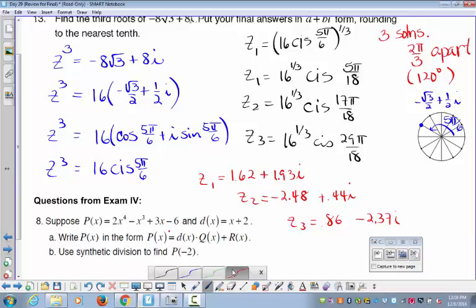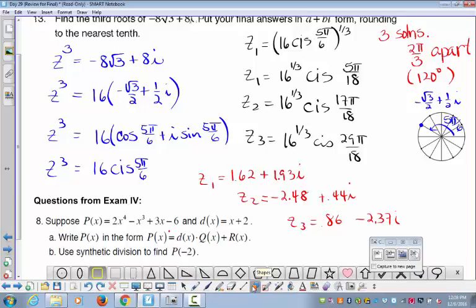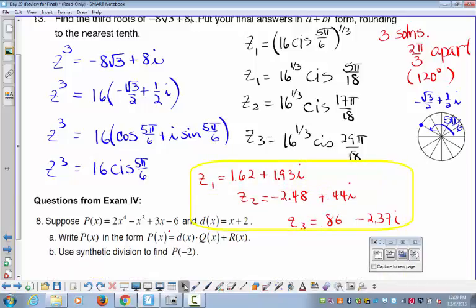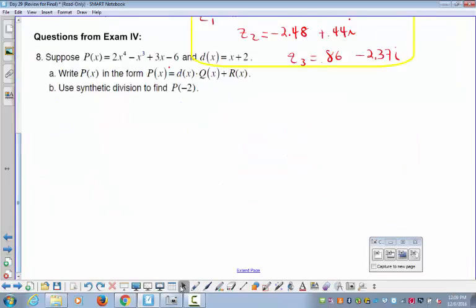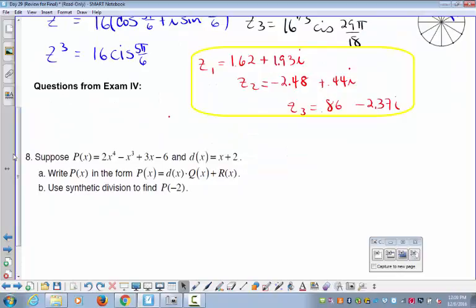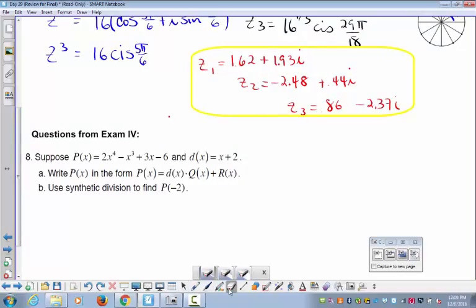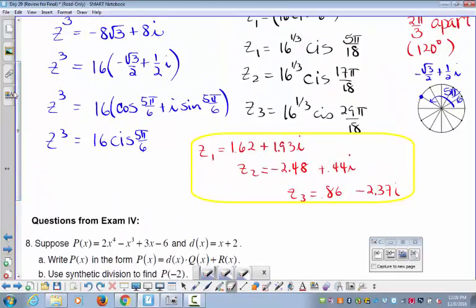Those three numbers, when cubed, will give us the original number up there. So these three numbers will have a third power equal to the original number. All right, any questions on the roots problem?